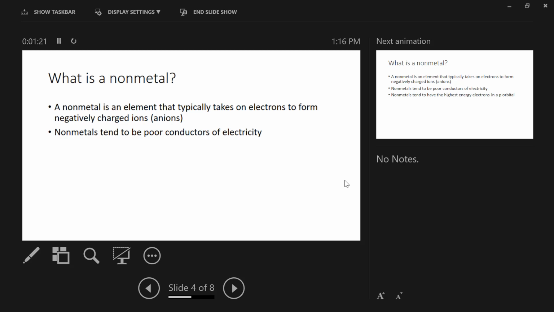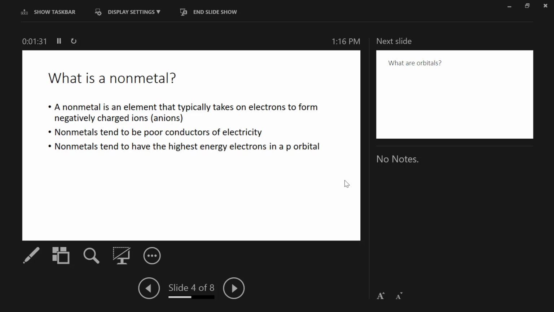So that's why for this one, I think the best way to define a nonmetal is to just say it's an element that is not a metal. But nonmetals tend to be poor conductors of electricity. And then the last way, nonmetals tend to have the highest energy electrons in a p orbital.